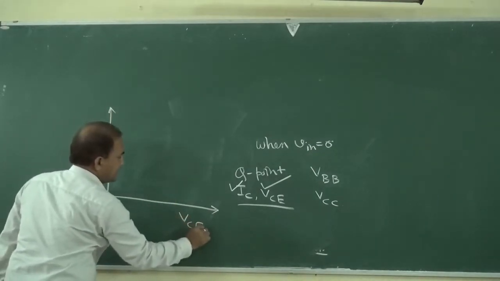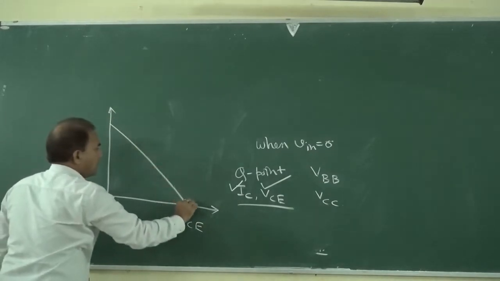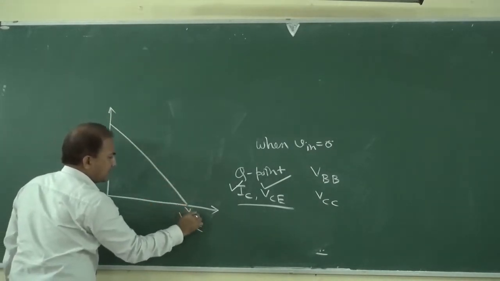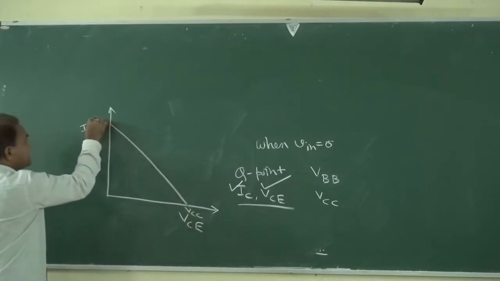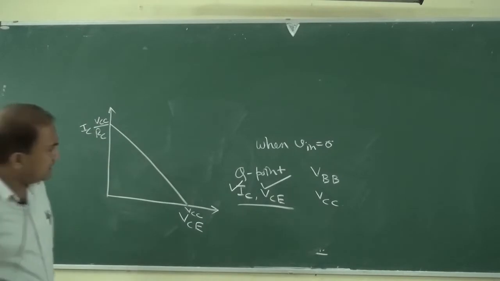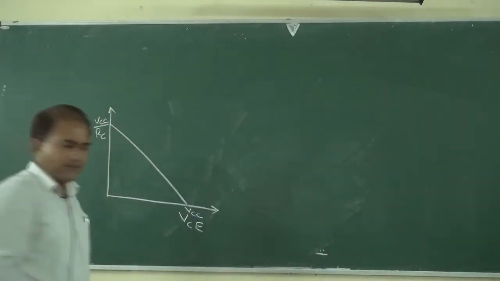This is VCE, this is IC. First of all, we have to draw the load line. How can we draw the load line? This is VCC and this is VCC by RC. The circuit is the same.